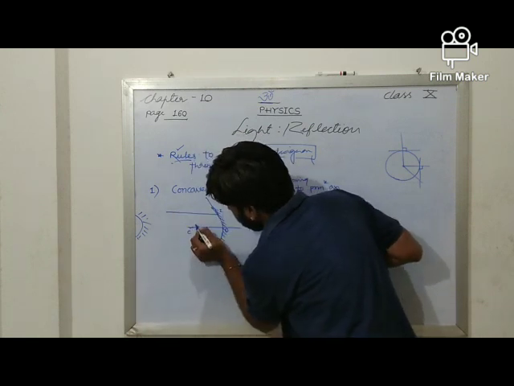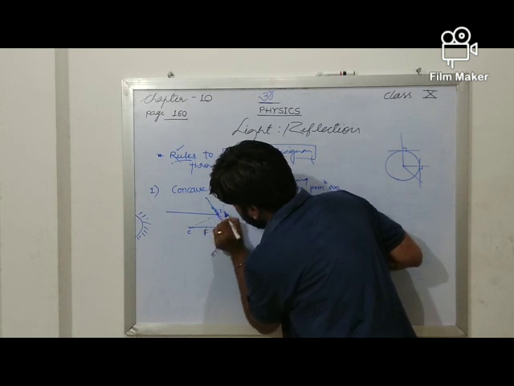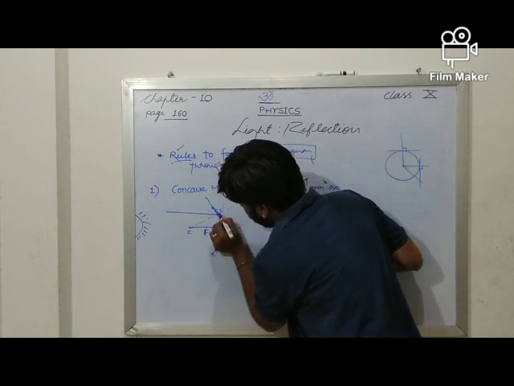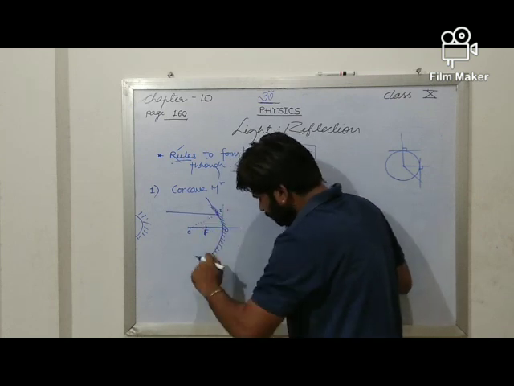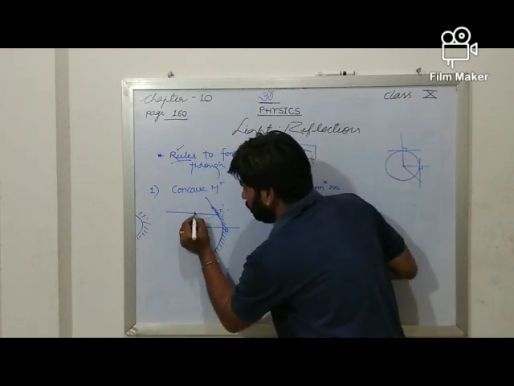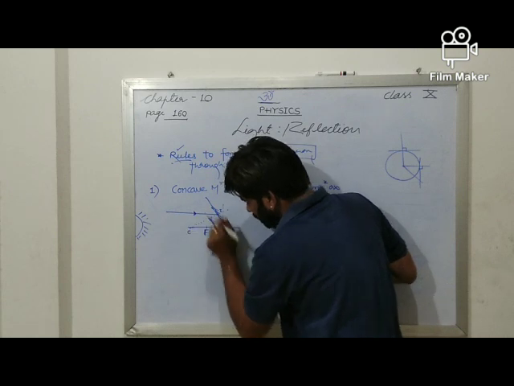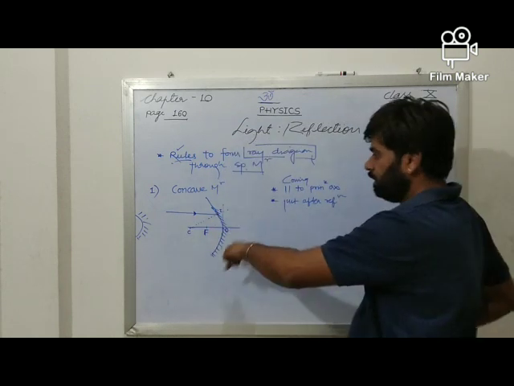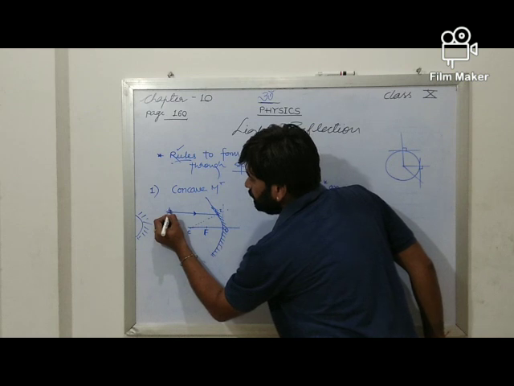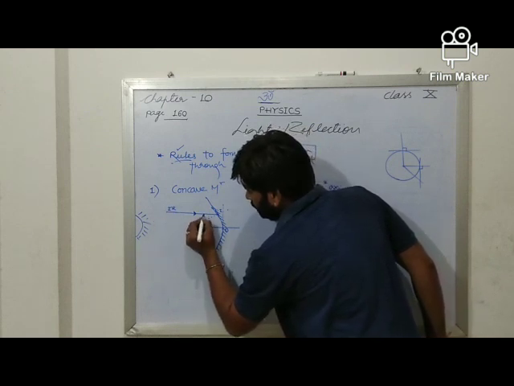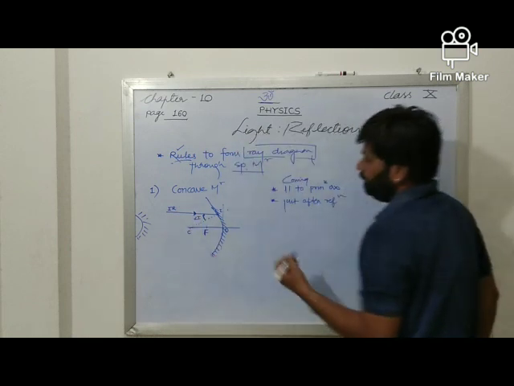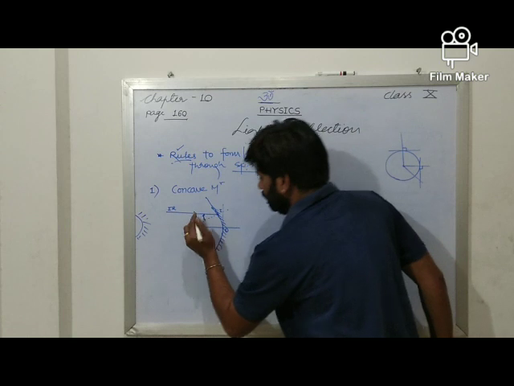A line from the center will be perpendicular to this curve, so this will be the normal to this curve. This is the incident ray, this is the normal, so that will be the angle of incidence.